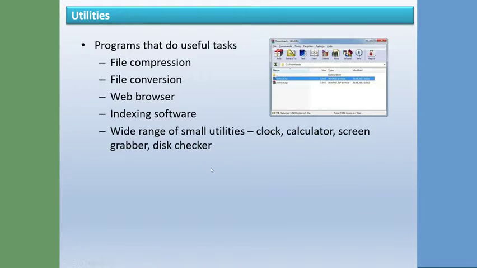So defragmentation doesn't really happen as much anymore with newer versions of Windows, but basically there are utilities that enable you to put all the bits of your files into one section of a hard disk. That will speed up access time to that data.